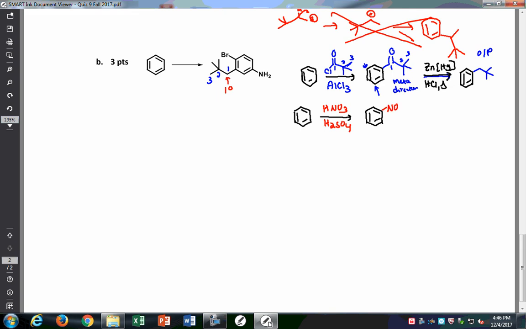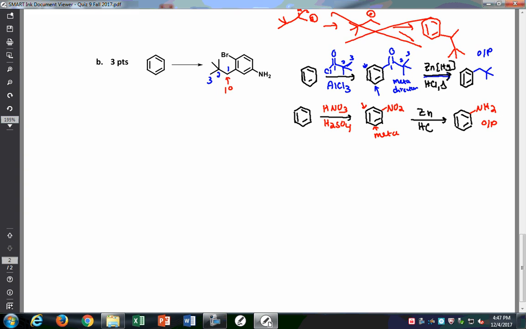And then we can reduce that as well. And technically that just reduces with zinc and HCl. But if you use the harsher conditions to reduce the acyl group, you're also going to reduce the NO2. So NO2 is meta-directing. And our NH2 is ortho-para directing.